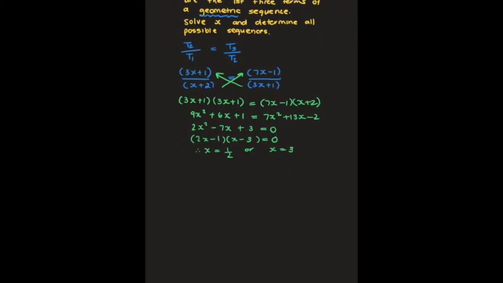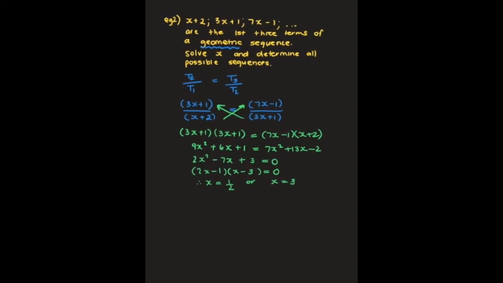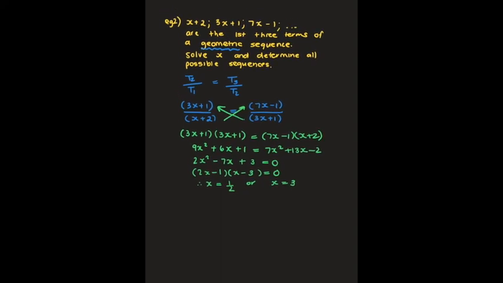Amazing. So now that we know what x is, we can figure out what the pattern will look like, what our sequence is going to be. The first possible option is when x is equal to a half. Term 1 is a half plus 2, because it's x plus 2. So that's 2.5, or 5 over 2. Term 2 would be 3x, so 3 times a half, which is 1.5, plus 1.